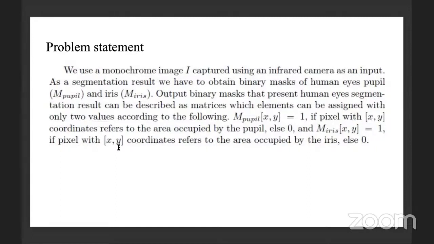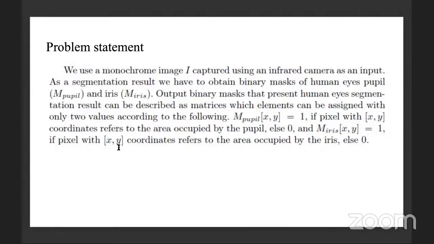There are a lot of jobs where you need to check the health of the person, and it's easy to do with eye scanning, eye photographing.